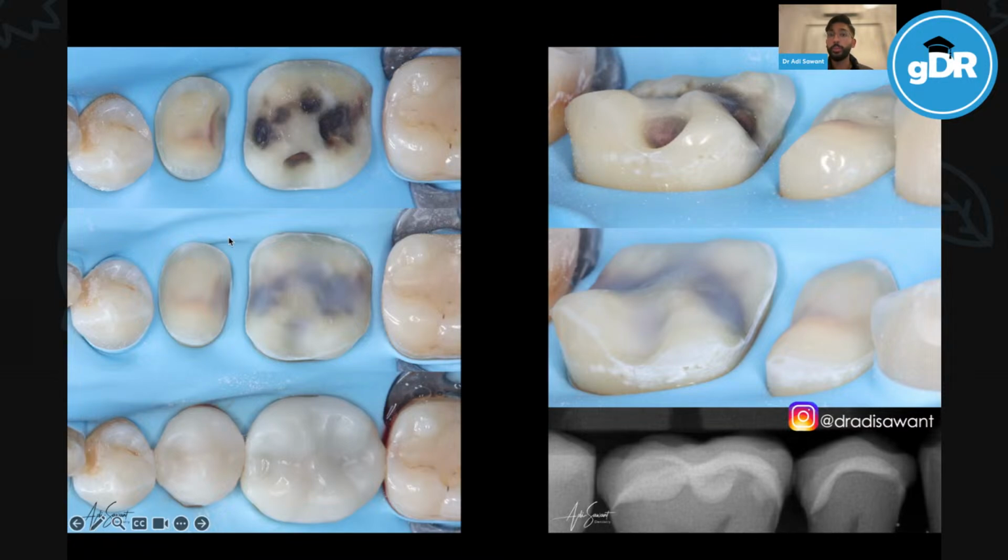And remember, OptiBond FL is a total etch system. So I'm actually etching before my IDS, whereas with Clearfil SE, I'm only air abrading. I'm not actually etching before my IDS layer. So because I've etched the enamel there as well, I've got a good bond with the resin. I'm not really super concerned by that. I feel like that one's going to be fine.